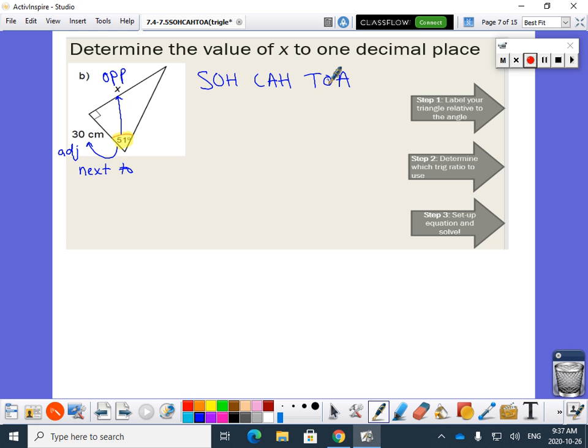Because we have opposite and adjacent, O and A, we know TOA. Tan, sorry. So we are going to write tan theta. You can honestly just draw a circle with a line through it. So tan theta equals, well, we saw in the last slide, opposite over adjacent.